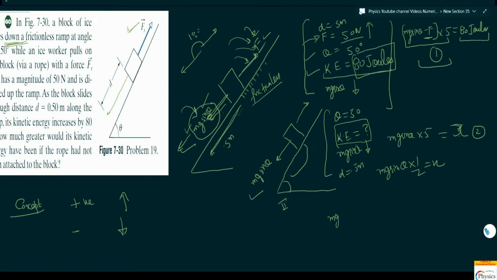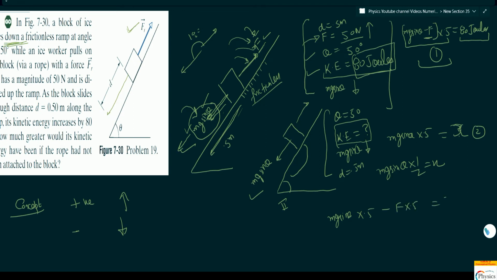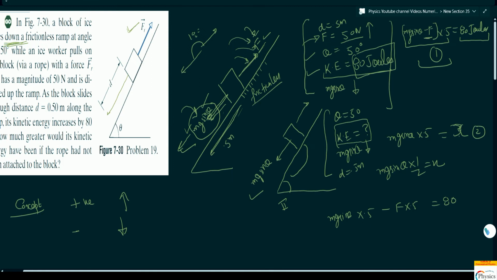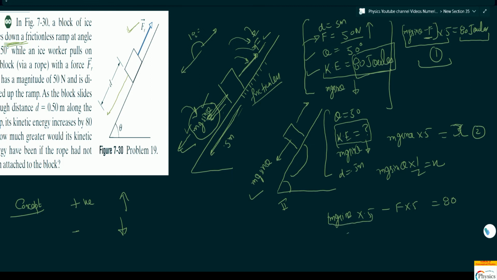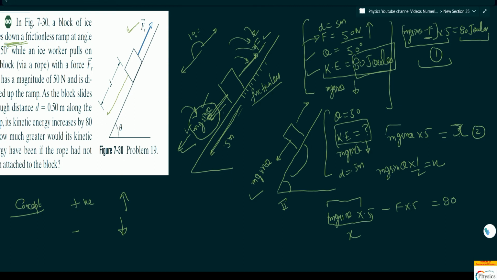So mg sine theta multiplied by 0.5 minus F into 0.5 is equal to 80 joules. This quantity is unknown to me. This is x, right? And what is this quantity, by the way, if you were to define this? This is the same quantity as this, which is the work done by the gravitational component, minus F into 0.5.